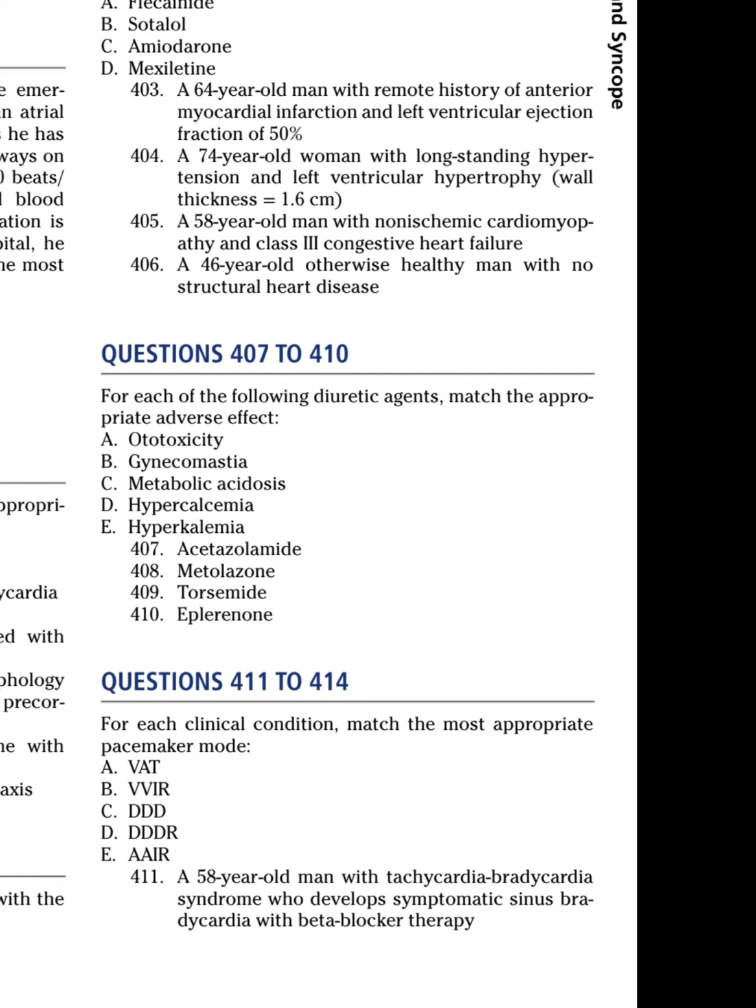Then generally, we know that it can be either single chamber pacing or dual chamber pacing. Currently, we favor more of dual chamber pacing, but it depends, like I said, on what the underlying rhythm disturbance is and other factors for patients. So I'll now go on to discuss each of the areas.